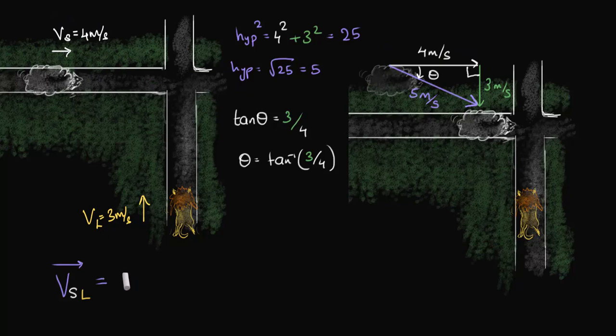So that is equal to velocity of the sheep as seen from the ground plus, because we are adding, this vector. What is this green one? Ooh, that's the negative of this vector, right? Since the lion is going upwards 3 meters per second, that's the reason the ground goes backwards 3 meters per second from the lion's point of view, right? So this would be the negative of the velocity of the lion as seen from the ground. And there we have it.